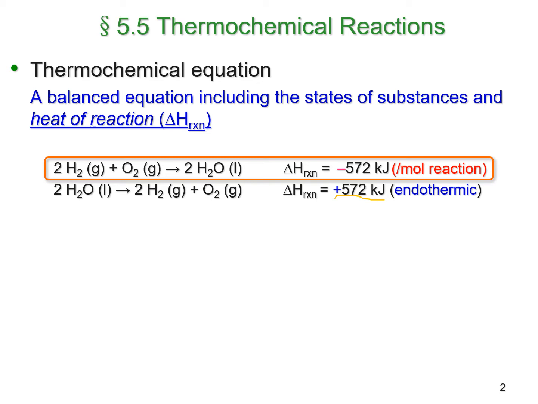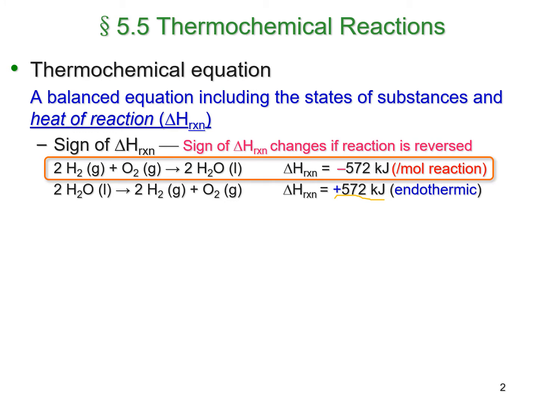But when we look at these two reactions, we realize if we reverse the reaction, delta H of the reaction has a sign change. Therefore, the first manipulation for a thermochemical equation is, if a reaction is reversed, we change the sign of the delta H of the reaction.